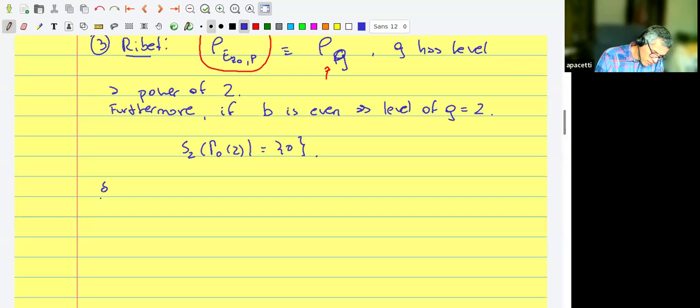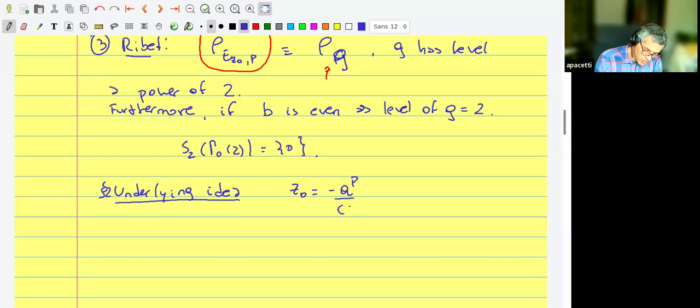So the underlying idea of the proof is the following. When you compute your specialization, which is going to be minus a to the p divided by c to the p, it has the following properties. The numerator is pretty much a pth power up to a sign, but it's pretty much a pth power.